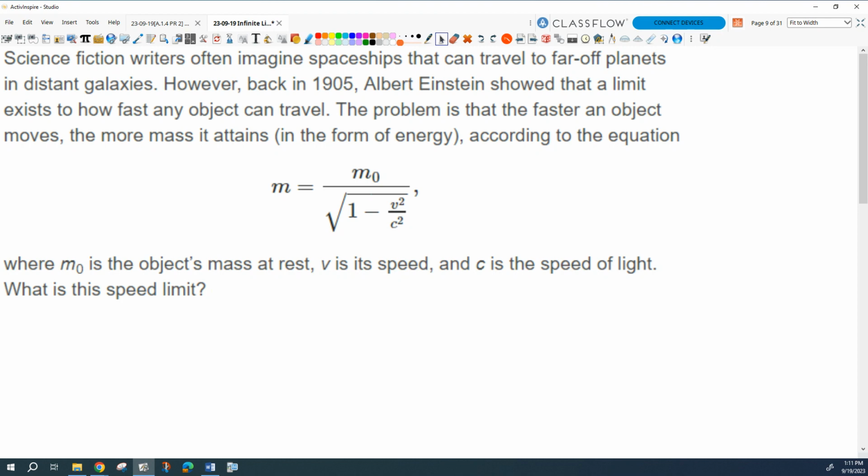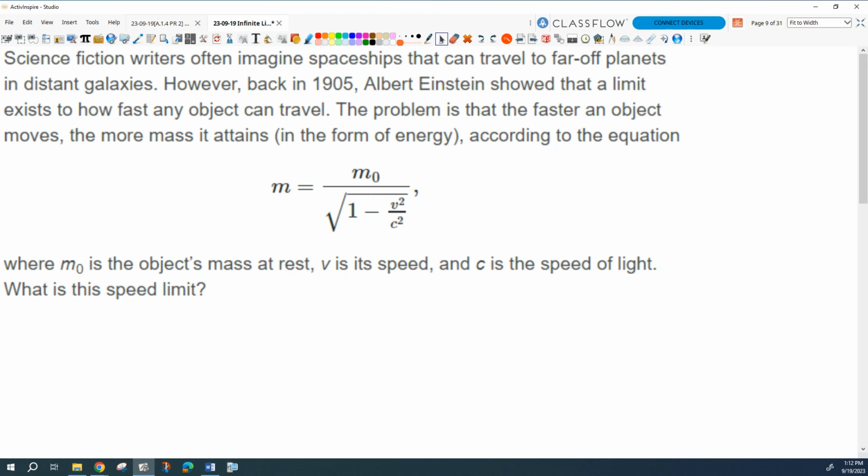Einstein showed us that there's an ultimate speed limit in the universe, which is the speed of light. Nothing can travel faster than the speed of light. Any object with mass can't actually, and we'll see why, can't actually ever go the speed of light.